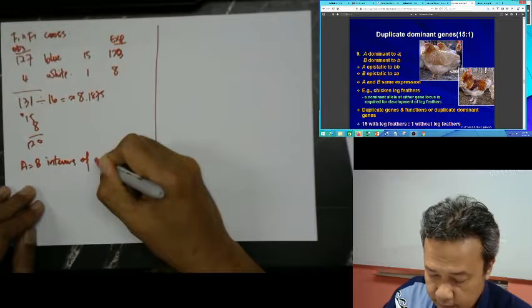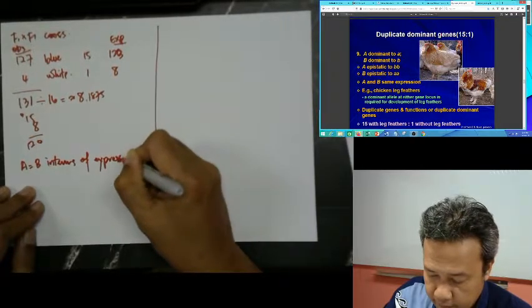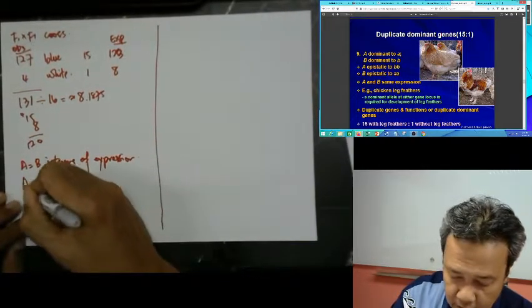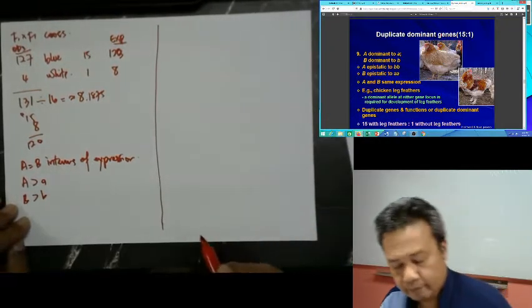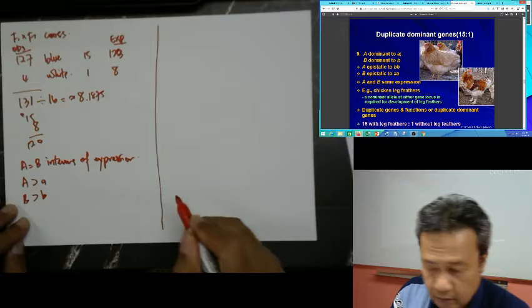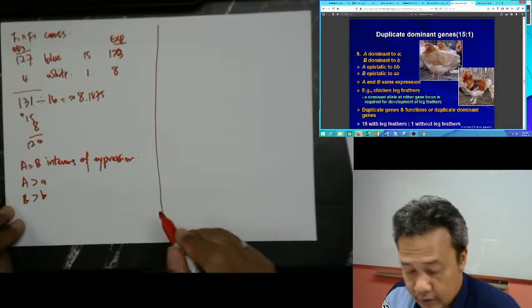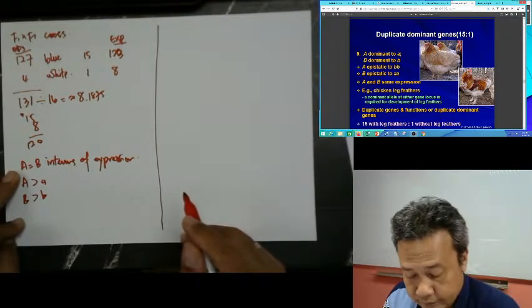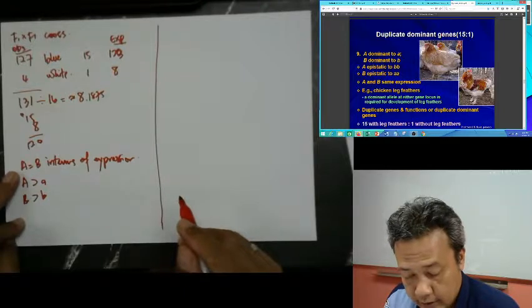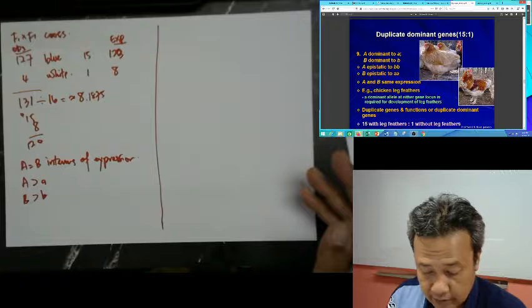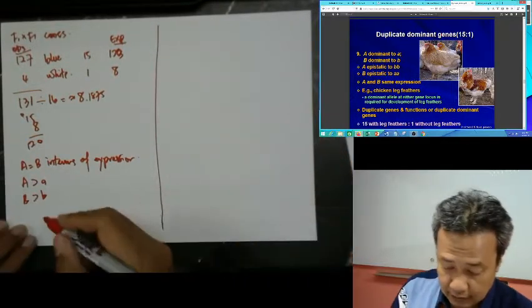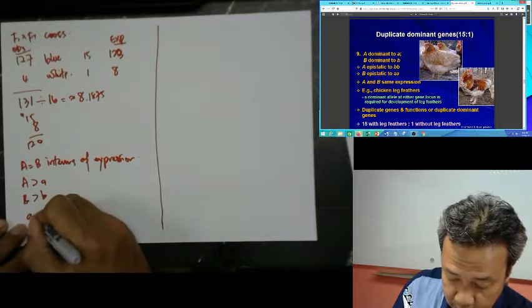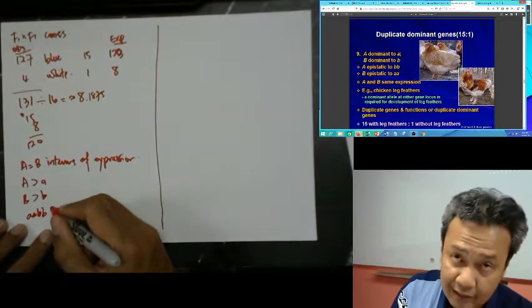So A is dominant to a, B is dominant to b. It doesn't matter what you get, as long as you have either A or B, you'll get the same phenotype. And only in the condition where you have a, a, b, b, you'll get the other phenotype.